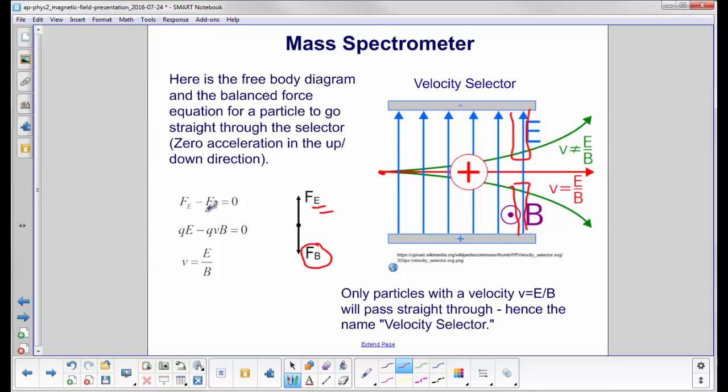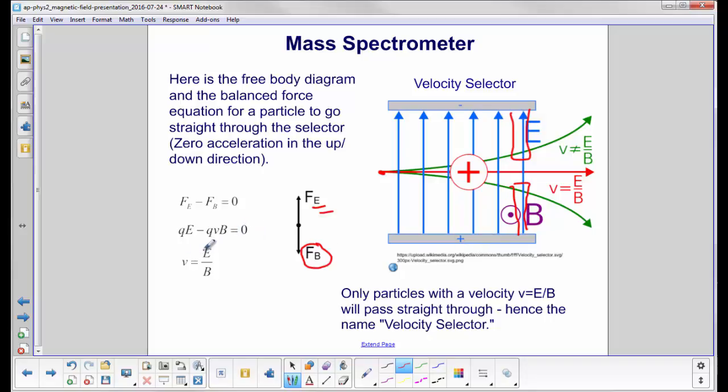So I have Fe minus Fb equals 0, because I typically take up as positive. The force on a charge is just QE due to the electric field, and it's QVB due to the magnetic field, as long as B is perpendicular to the velocity, which it is, because the velocity is in this plane, and the magnetic field is coming out of the board.